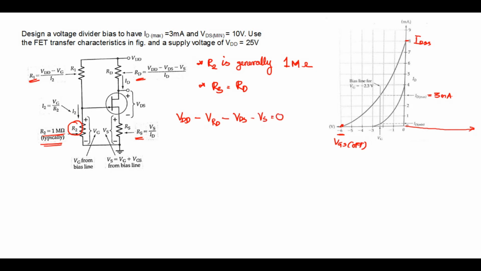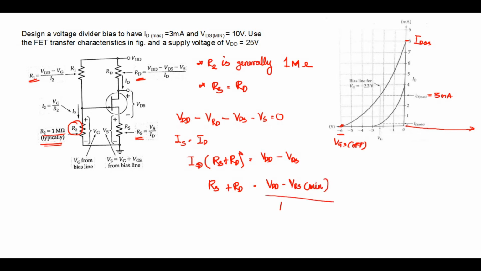Since we already know that Is is equal to ID, we can write ID into RS plus RD is equal to VDD minus VDS. Therefore, RS plus RD is equal to VDD minus VDS minimum, divided by ID maximum.